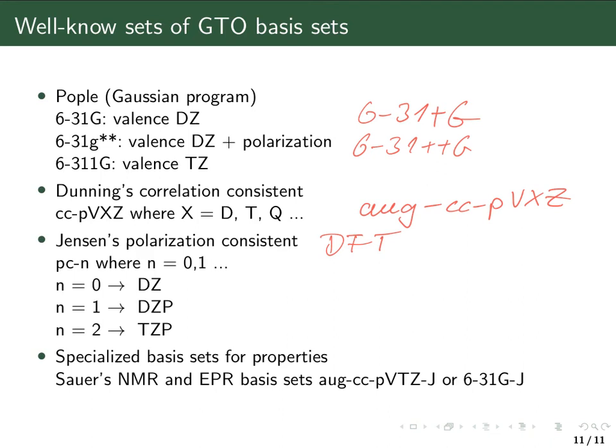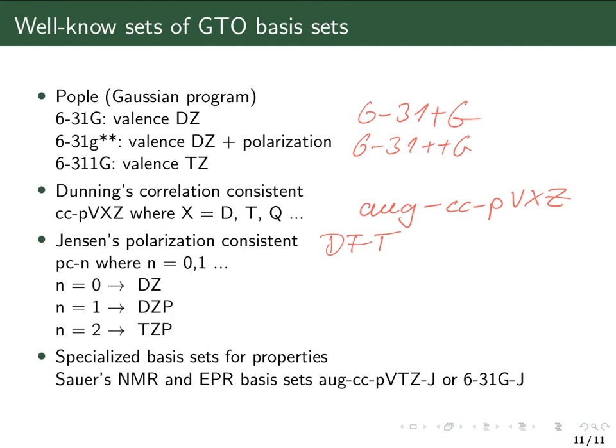And for these kinds of calculations, these energy optimized basis sets are not particularly good. So some people, including myself, started to make modifications of these basis sets so that they perform better for particular types of calculations.